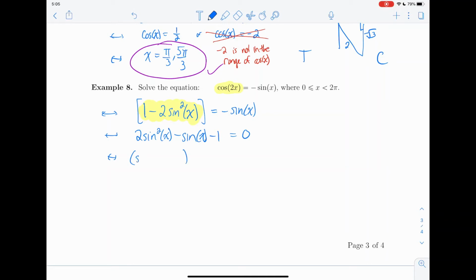It'll turn into 2 sine of x plus 1 times sine of x minus 1. And again, a quick mental FOIL will verify this fact. Each of these equations gives its own mini equation, which will now be sine of x equals negative 1/2 and sine of x equals positive 1.